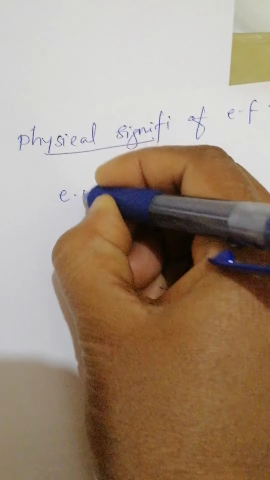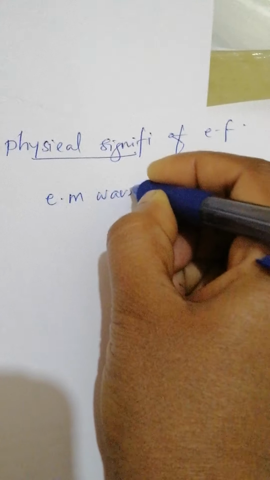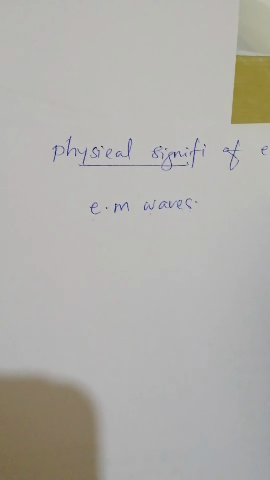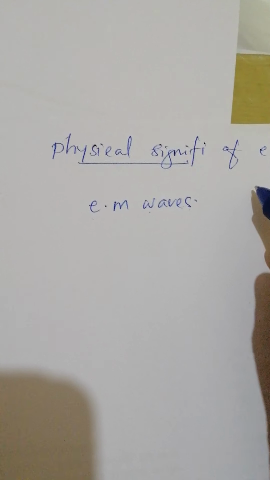For example, the electromagnetic waves. In the case of electromagnetic waves, it has both electric field and magnetic field.